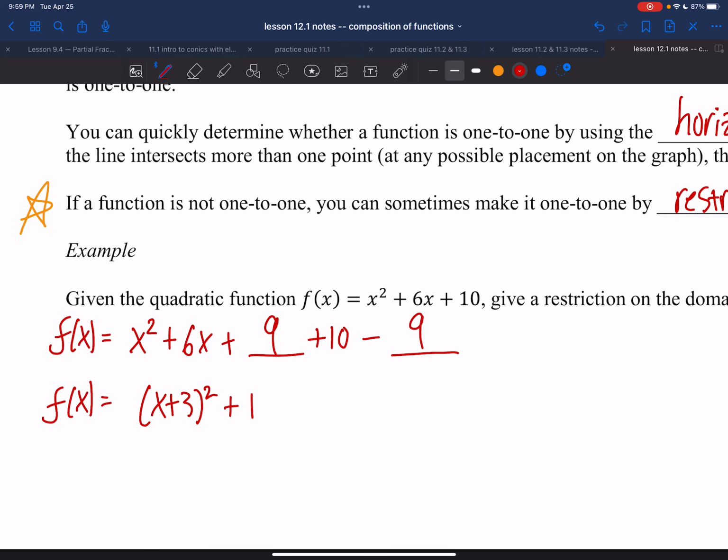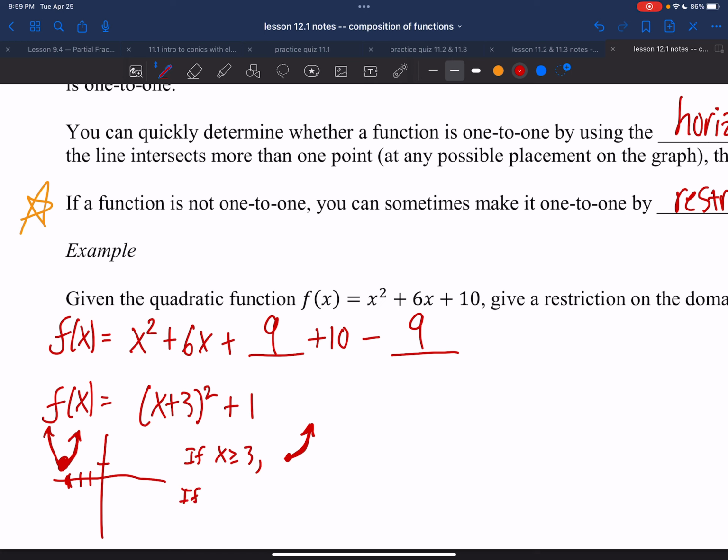To give a quick sketch, your parabola is 1, 2, 3 over here, up 1. Your parabola looks like this. And so you need to choose a domain restriction. If x is greater than or equal to 3, that's the right leg of the parabola.